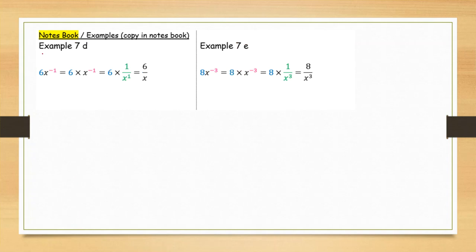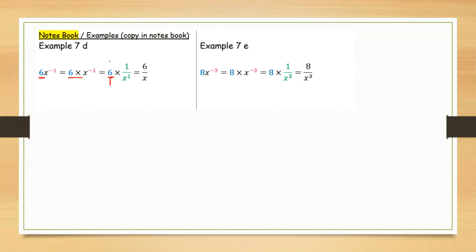More examples, so just a little bit harder. If we times by 6 out the front, so 6 times this value, you can see the 6 here. The thing that changes is we get 6 over x, not 1 over x. So this is 6 over 1.